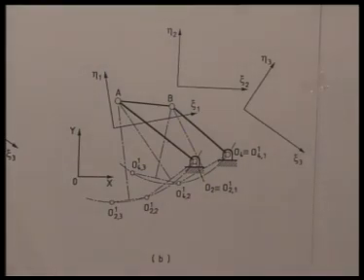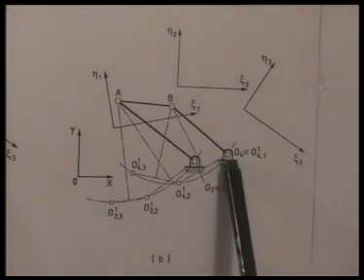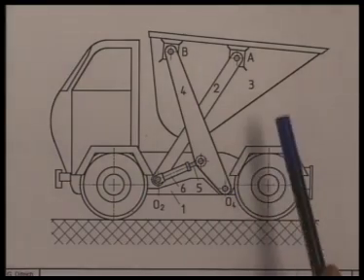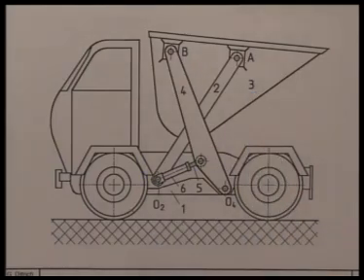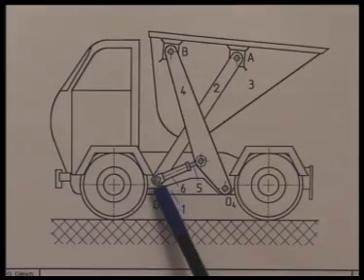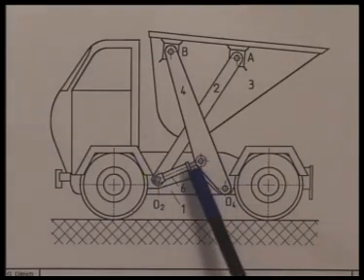This is the three position synthesis of motion generation for the coupler of a 4R linkage with the fixed locations of the ground pivots. Let us now take an example of this three position synthesis with reference to this tipper dumper. As we see here, the dumper bin, that is link number 3, is driven by link number 4, which is driven in turn by this hydraulic cylinder piston arrangement, which are link numbers 5 and 6.